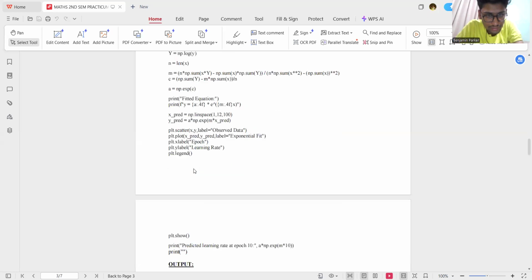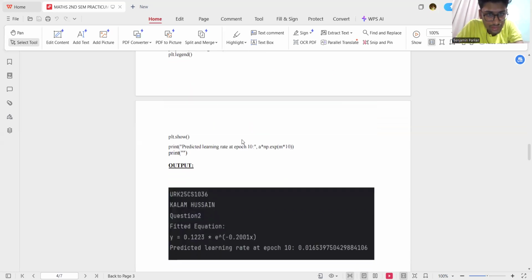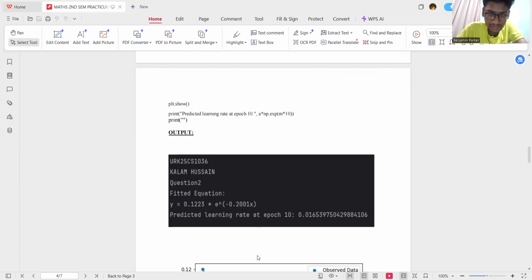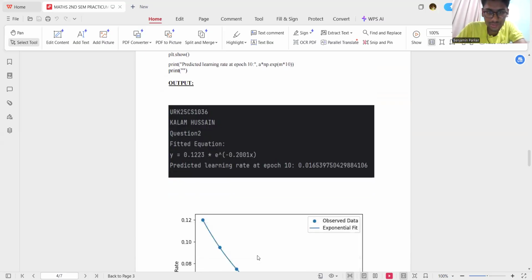After that we label the plot and show the prediction. The output gives the fitted equation y is equal to 0.1223 times e power minus 0.2001x. The predicted learning rate at approach 10 is equal to 0.01653, and so on.